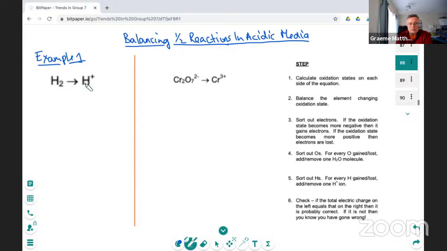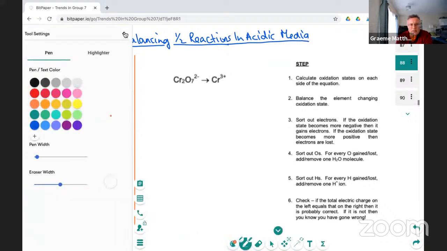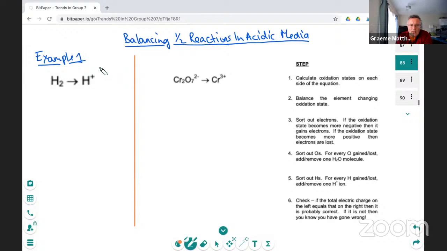I've got hydrogen going into hydrogen ion, so I snap the sigma bond. Now, the very first thing I need to do, and just follow the instructions here, is determine the oxidation state. Well, again, chemists, this is easy, right? This is obviously +1. But something to keep in mind is that the oxidation state of any element in its natural state is 0.